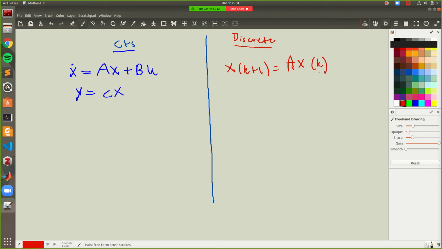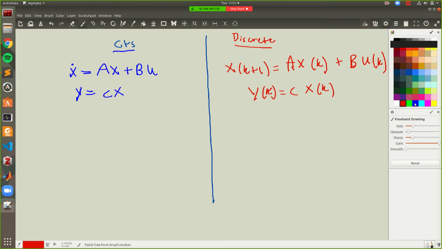If k is our time step, we know what k plus 1 is going to look like based off of the current state and the input that we provided. And then the output at time step k is going to depend on C times x_k. So this is basically the difference in the state space model between continuous and discrete time systems.